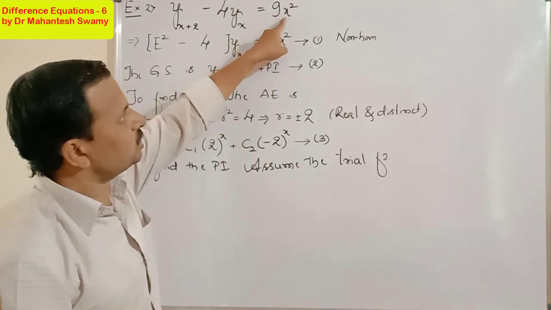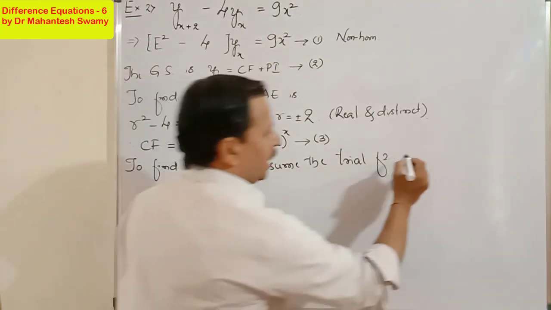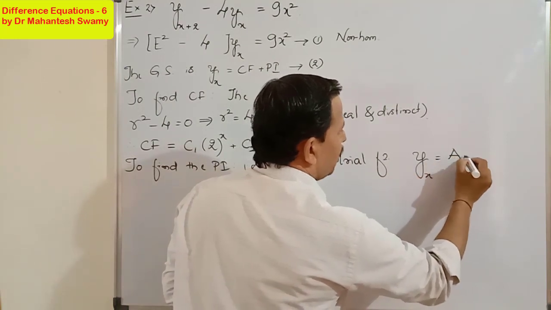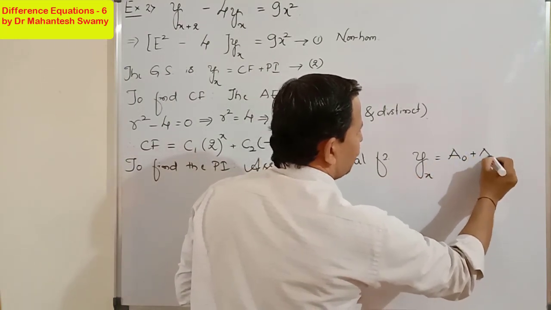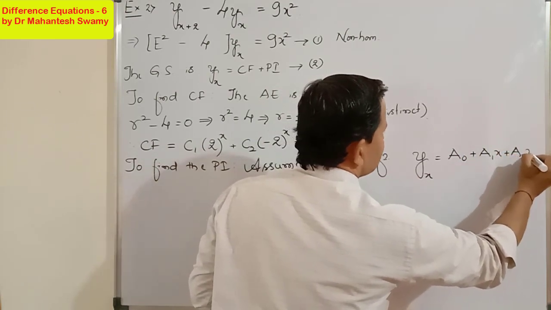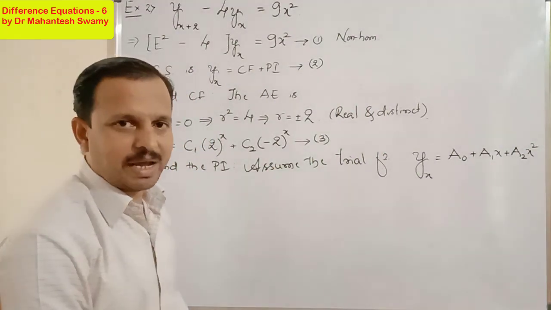The polynomial function is of degree 2. Therefore, what should be the trial function? The trial function should be y(x) equals a0 plus a1 into x plus a2 into x square. So this is the trial function.